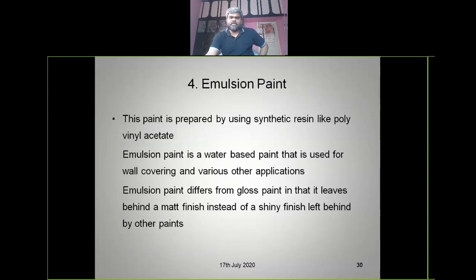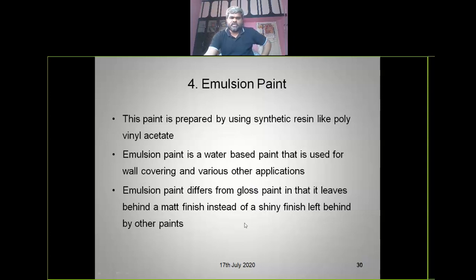Emulsion paints are prepared by using synthetic resin, likely polyvinyl acetate. Emulsion paint is a water-based paint that is used for wall covering and various other applications.